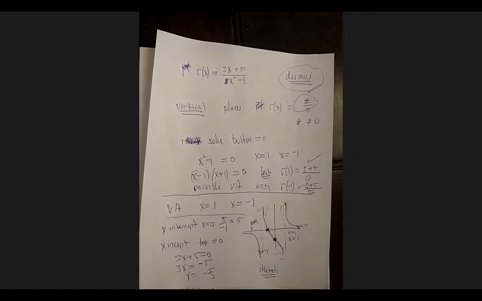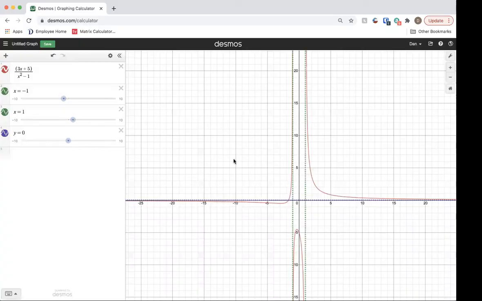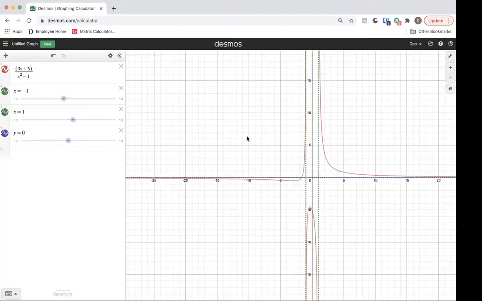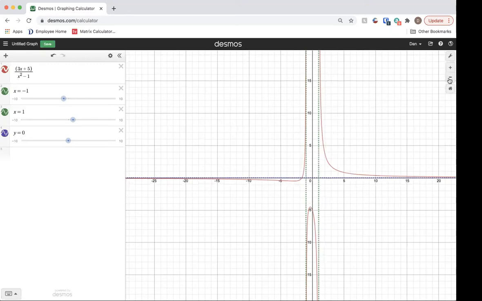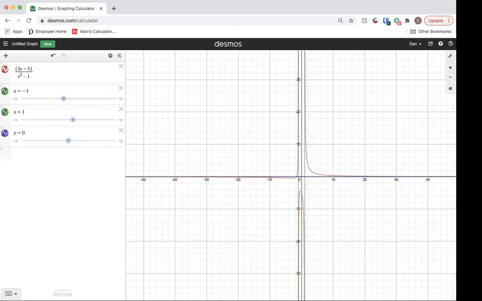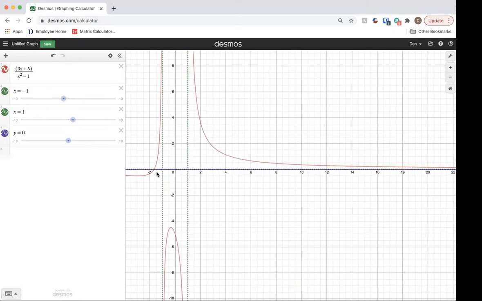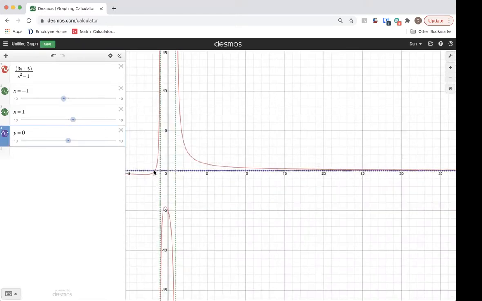Somebody asked me, let me go back to the graph, that's a very good question. Somebody asks if y equals 0 is correct because it touches the graph. I assume you're talking about right here, where it crosses the x-axis.